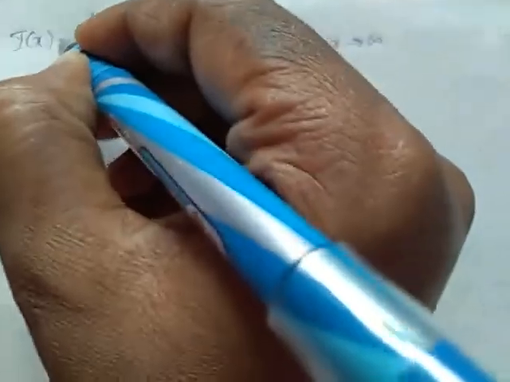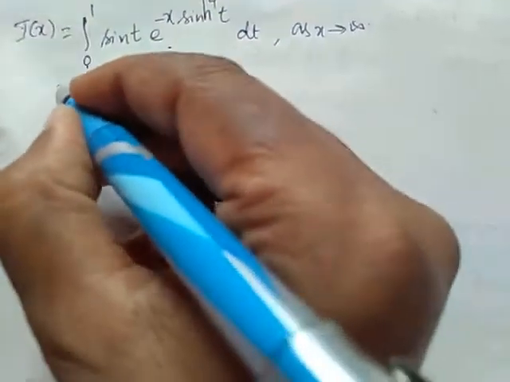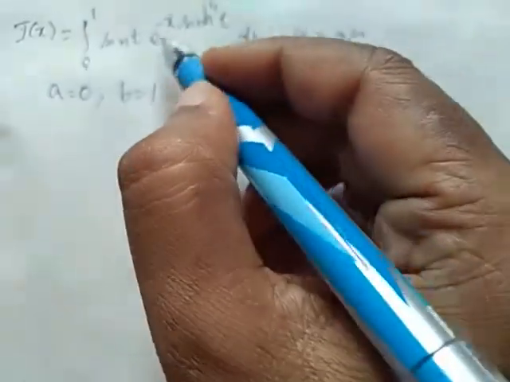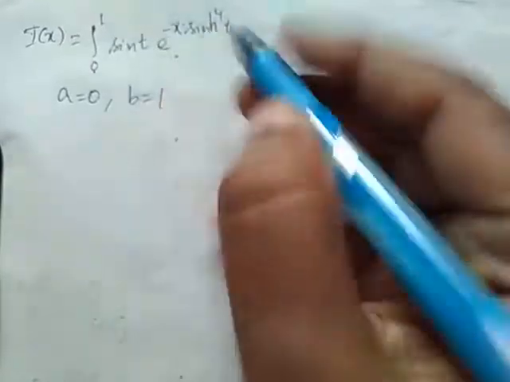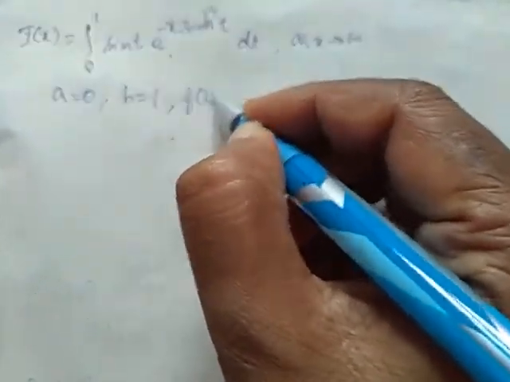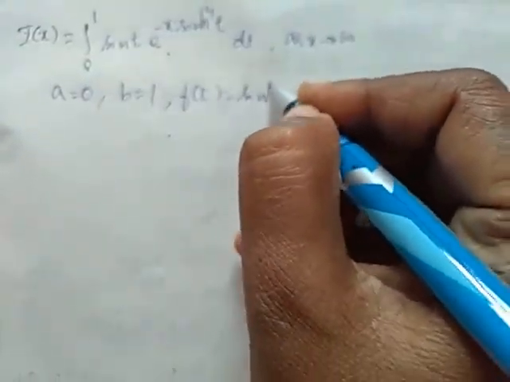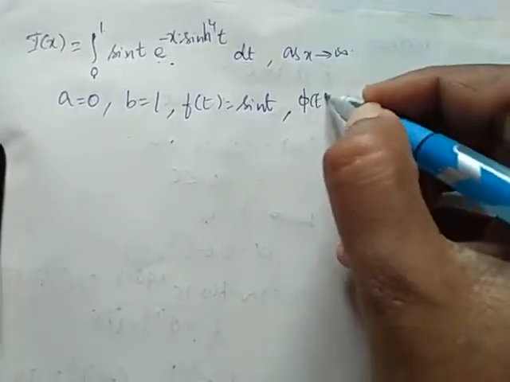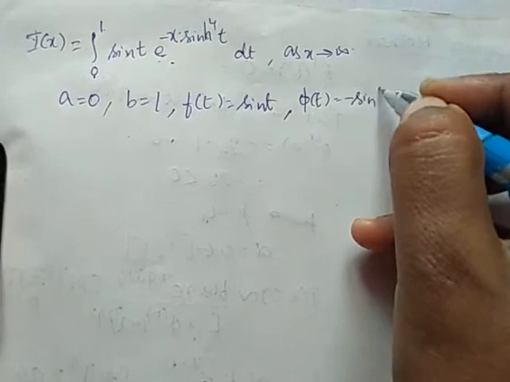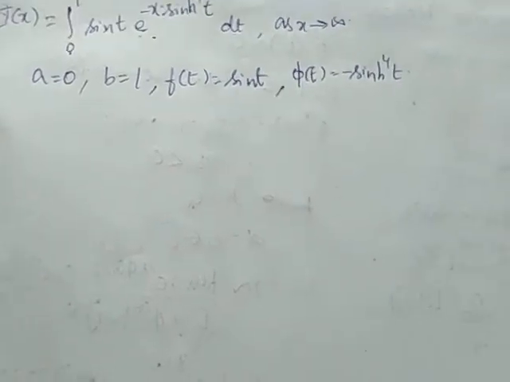So when we compare to our basic or standard form, value of a is 0, b is 1, coefficient of exponential function is f of t. Therefore f of t is sin t and phi of t is minus sinh power 4t.